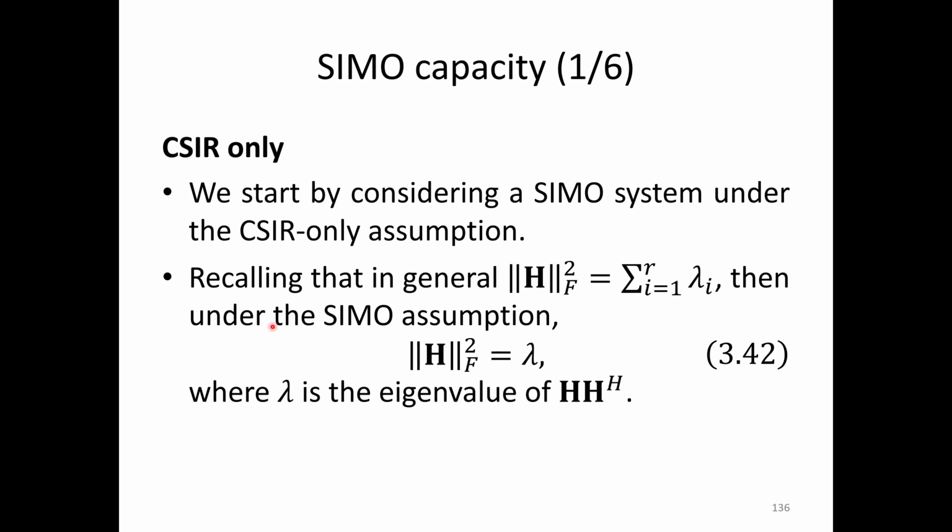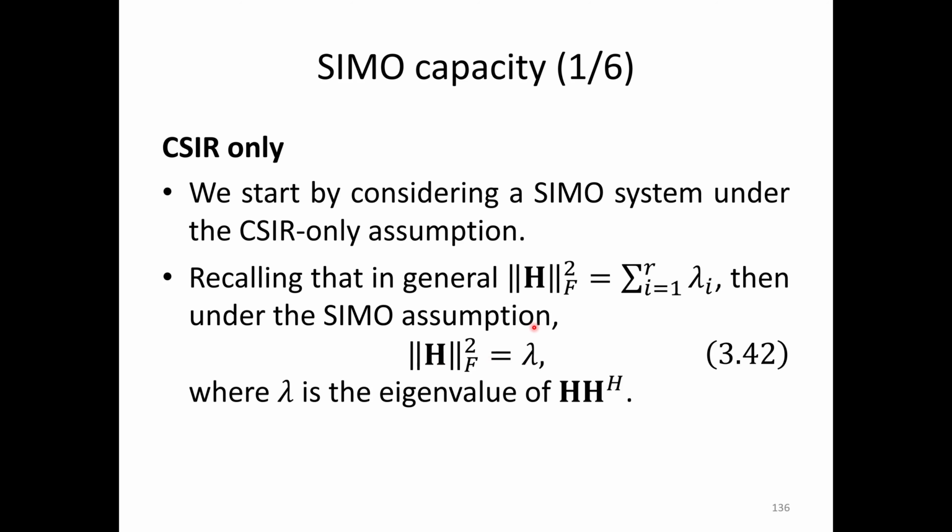Under the SIMO assumption, there is only one eigenvalue of H times H Hermitian, which is lambda. So the square of the Frobenius norm of H is equal to lambda.